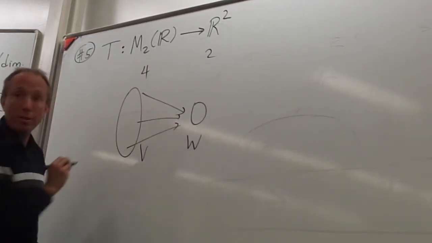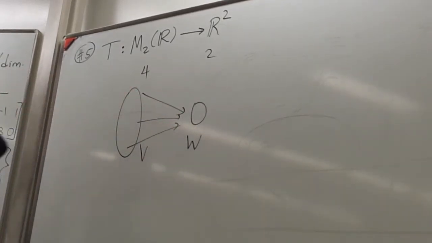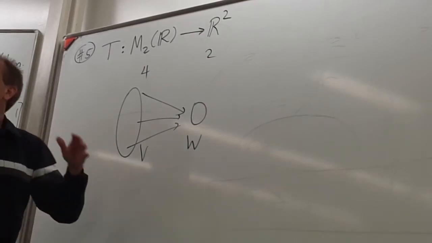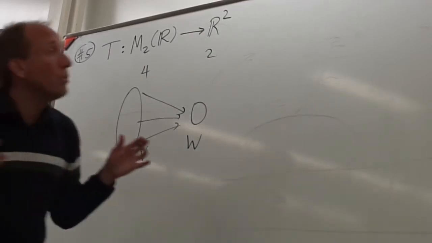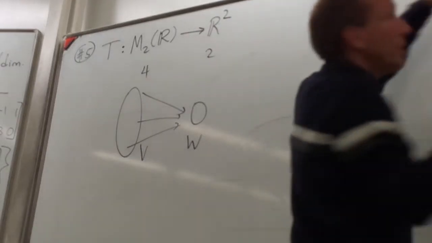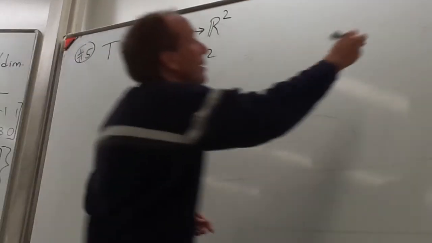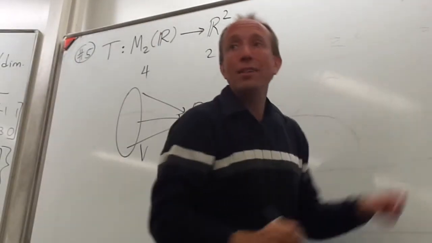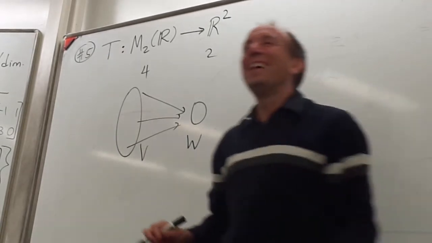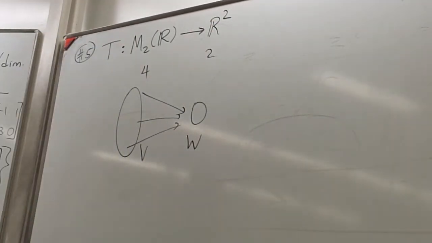V is bigger than W, going across like that. If V is bigger than W, then can it be both? No. Which of the 2 properties is guaranteed to fail? One-to-one is going to fail for sure. So actually, John, you were right. It's got to be either onto or neither. It's onto or neither.